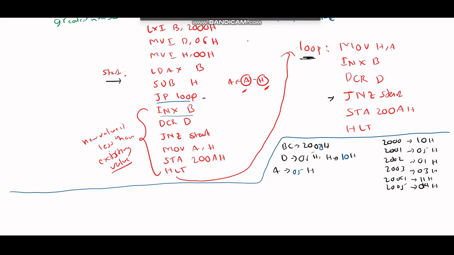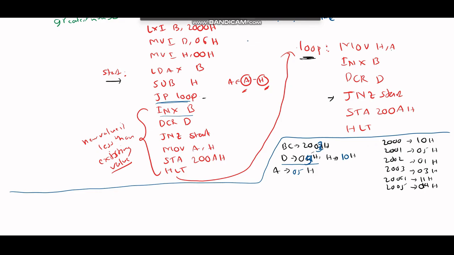Then we decrease D from 05 to 04, and move on to start again, checking that this is a non-zero value. Then we load the value from 2002 into the accumulator, which means 01 comes to the accumulator. We again subtract it. So 01 minus 10 is again negative. Now again the positive condition is not satisfied, so we increase our memory location, which means now we move to 2003, we decrease our register to 03, and then continue accordingly.